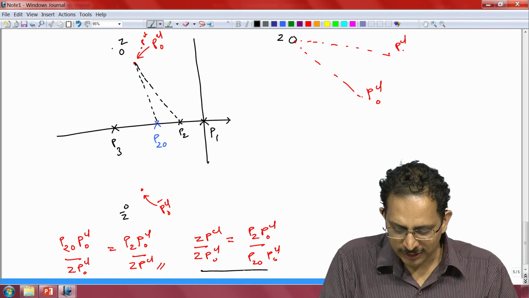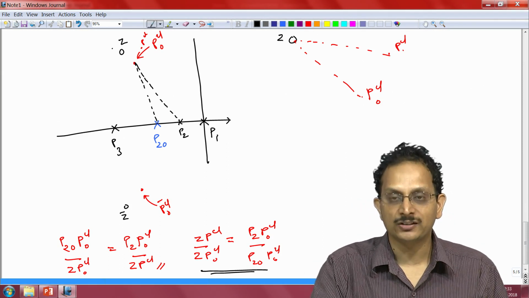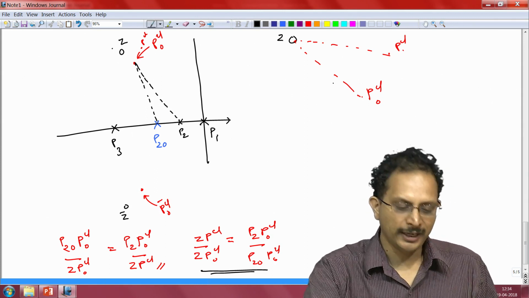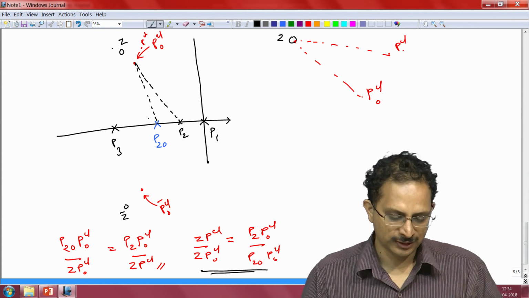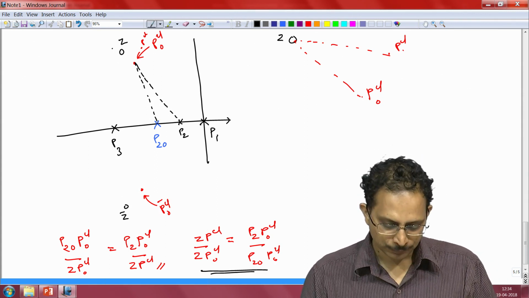And what this equation here says is that the ratio of these two complex numbers ZPCL and ZPCL naught is equal to the ratio of those two complex numbers, namely P2 PCL naught and P2 naught PCL naught.